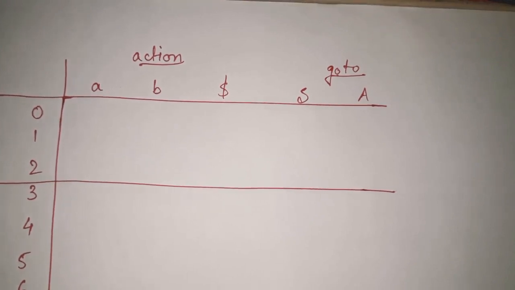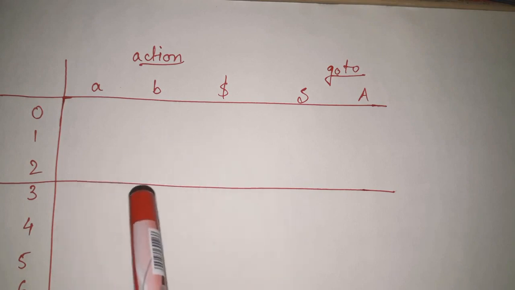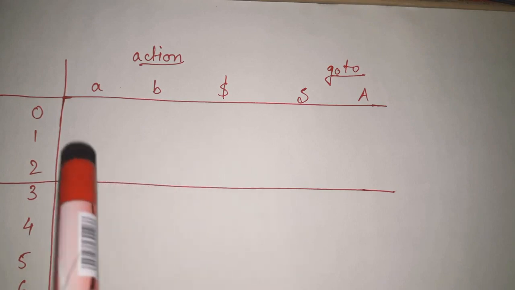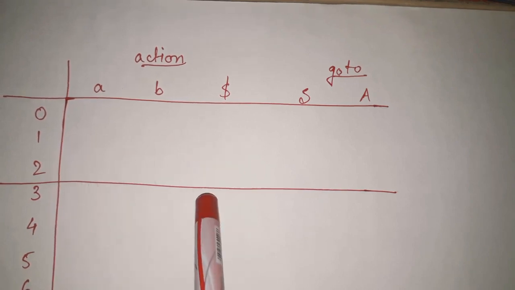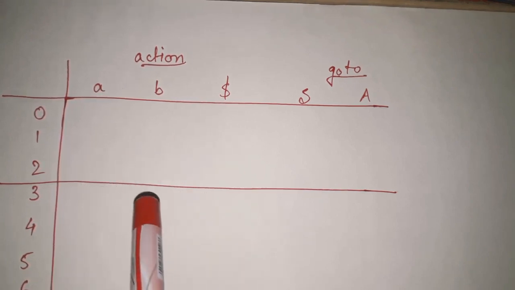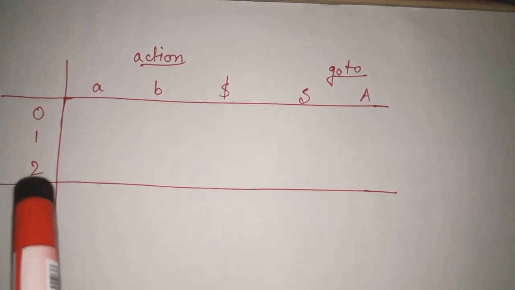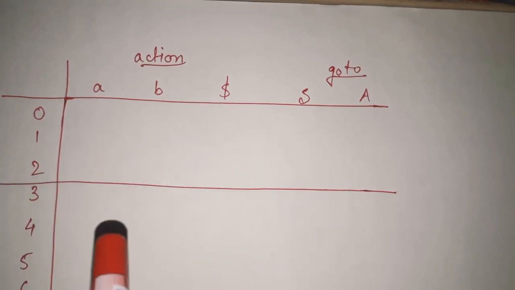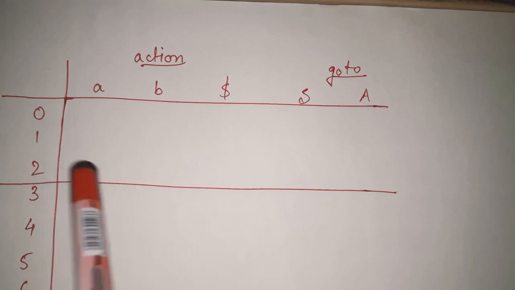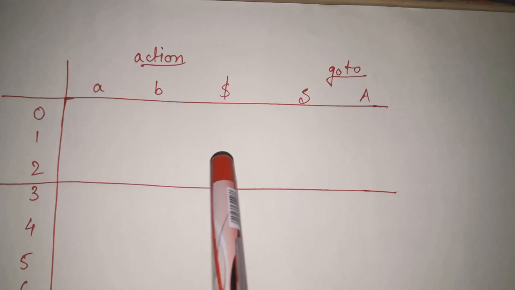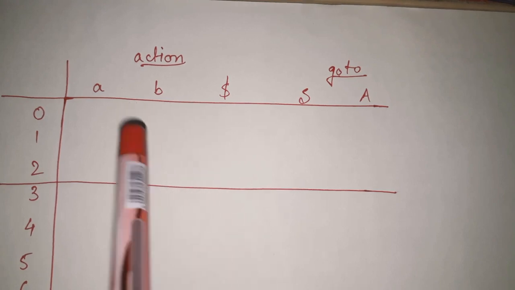Now in case of LR0 and SLR1, what we were doing? In LR0 we were writing the reduce moves in the whole action part, right? And in the SLR1 we were writing the reduce moves in the follow set of LHS. But in case of CLR1 and LALR1, we are going to write our reduce moves in the look aheads.